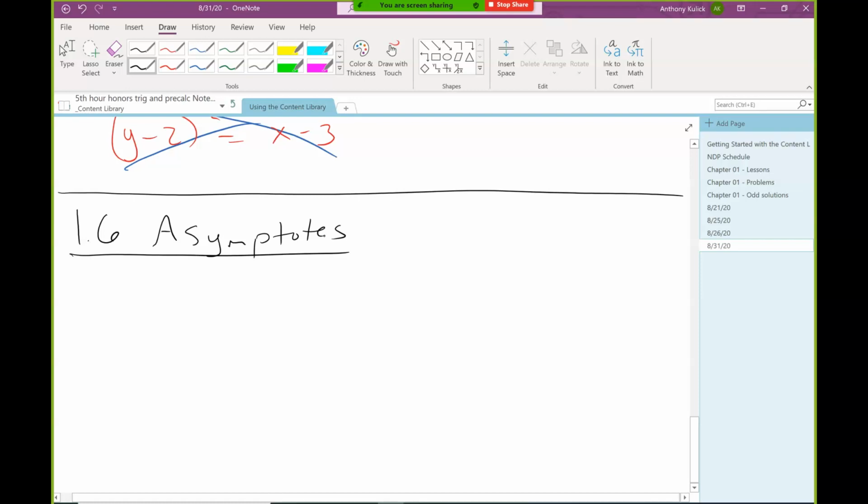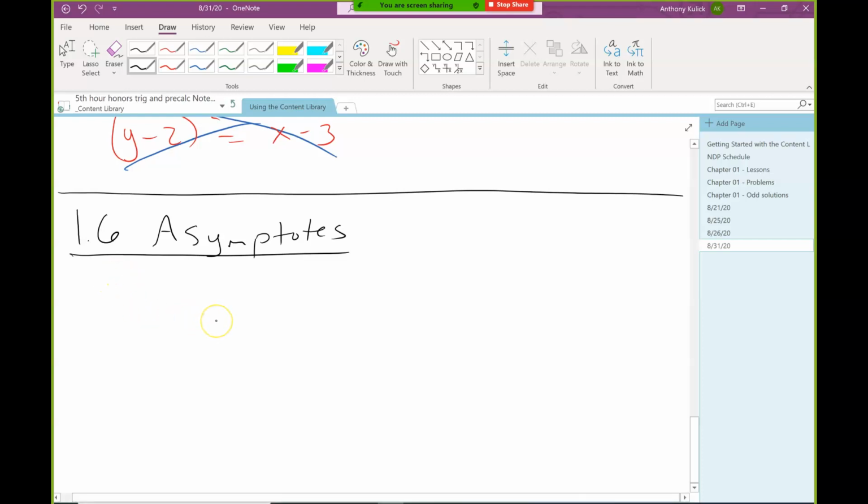And you guys talked about asymptotes a fair bit last year in your Algebra 3-4 class. In general, what we say is an asymptote is a line the graph approaches but does not cross, right? That was kind of our de facto definition here.